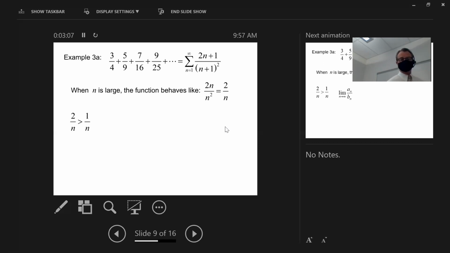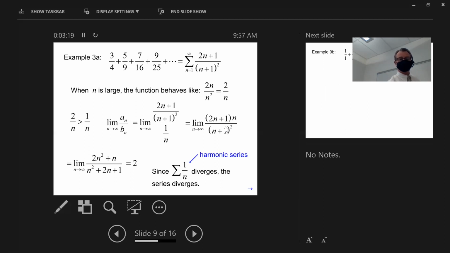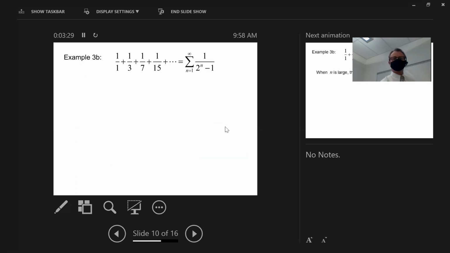The harmonic diverges, so this must diverge. I would just stop right here. It's bigger than something we know that diverges. But this, the middle term's getting smaller.